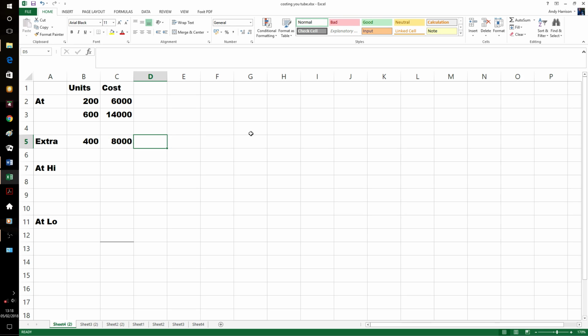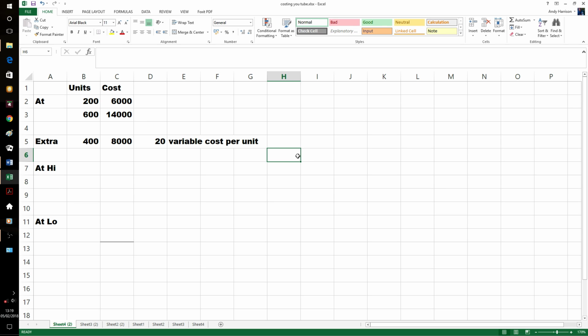So what we do know is those extra 400 units cost us an extra £8,000. That is the variable element coming into action because the fixed bit was still fixed. So if we take 8,000 divided by 400, that's per unit, that gives us our variable cost per unit.